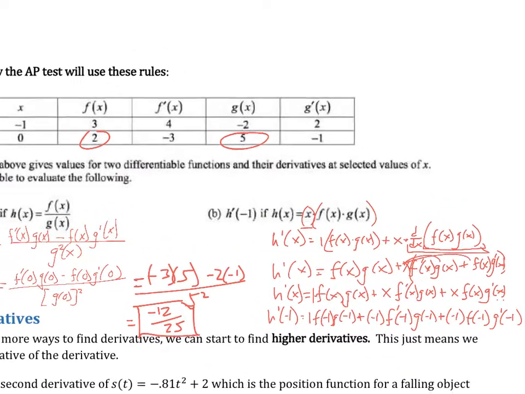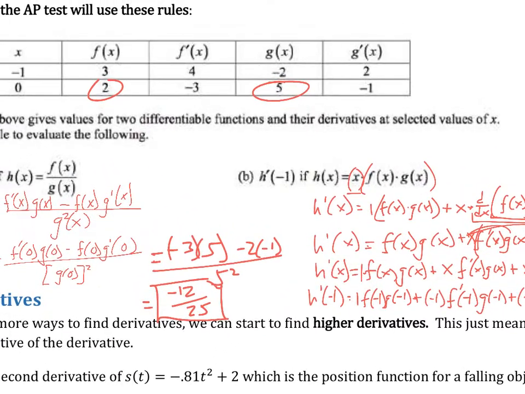Negative 1 is that top row. So f of negative 1 is going to be 4, nope, 3. g of negative 1 is negative 2. And then we have negative 1. f prime of negative 1 is 4. g of negative 1 is 2.